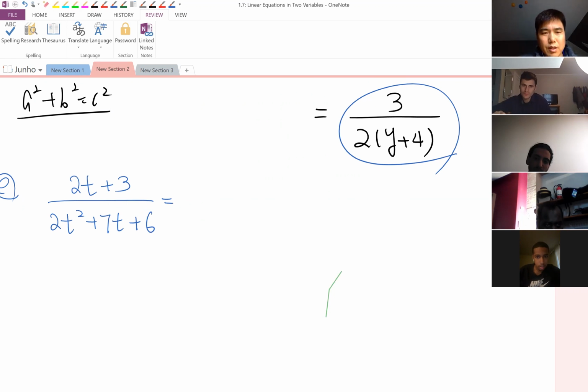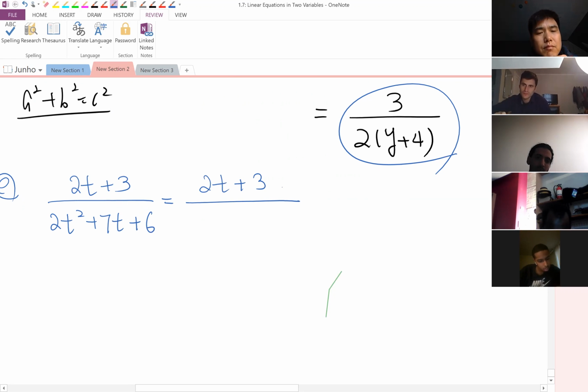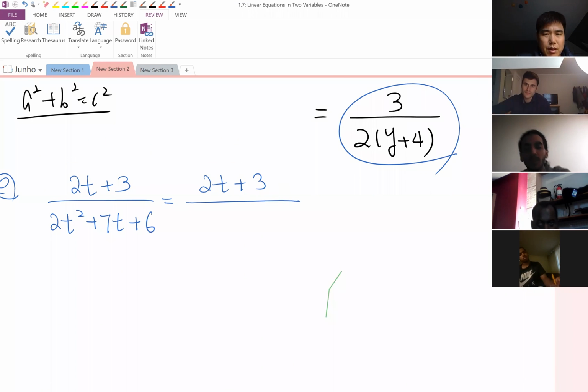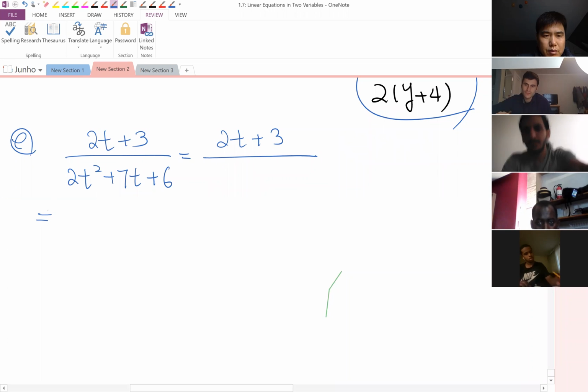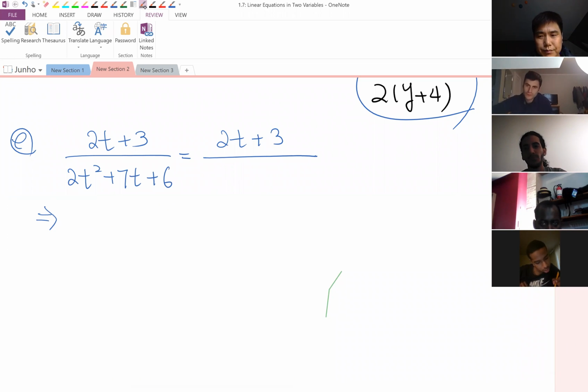Okay, it's 1, so we just leave it as 2t plus 3. What about the denominator? 2t squared plus 7t plus 6. Do you break apart the 2t squared? How? Let me know.